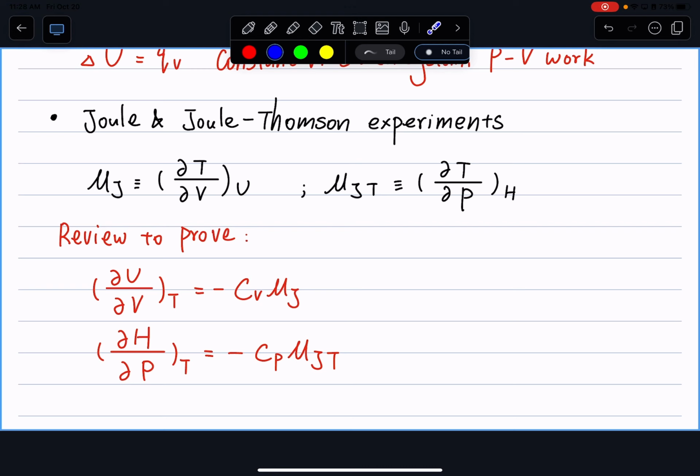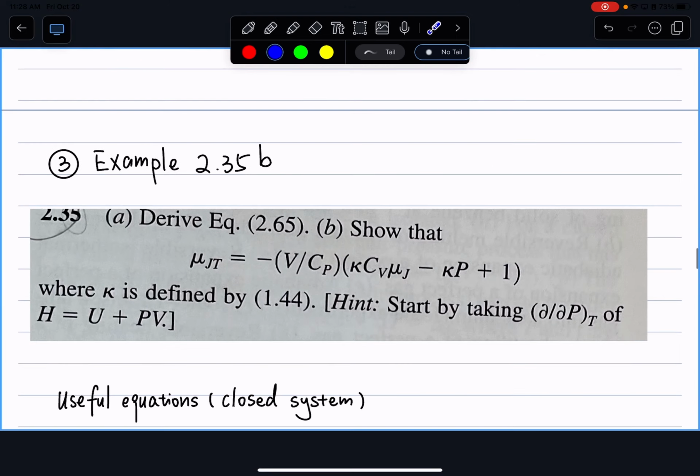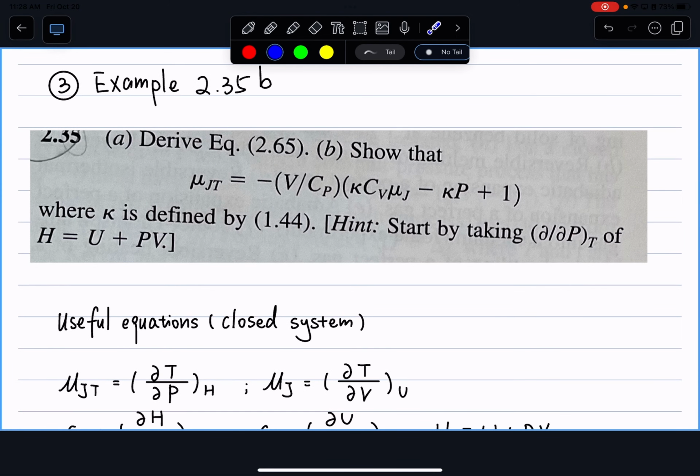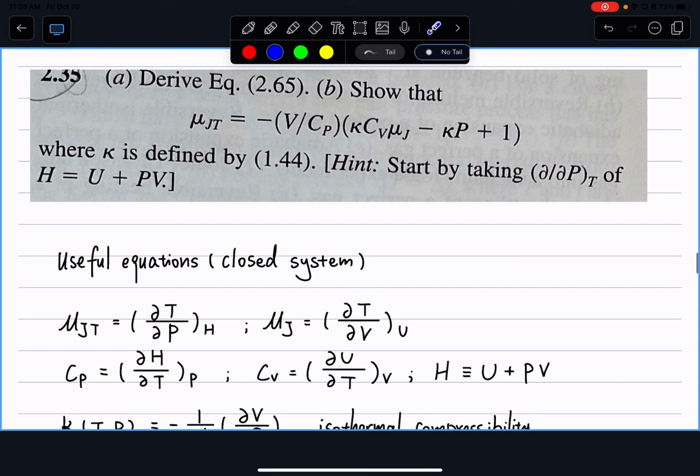Okay, and now let's do a problem together, which is the derivation problem. And again, as we've talked about several times, the purpose of thermodynamics is using these terms that we already predefined, or that are easy to measure, to get an idea about some of the unmeasurable things. And in this derivation, you can also build relationships between these coefficients.